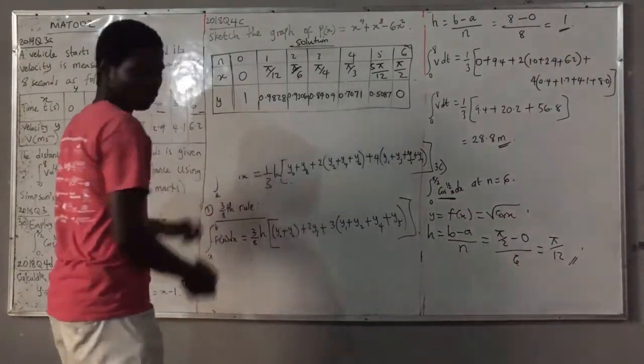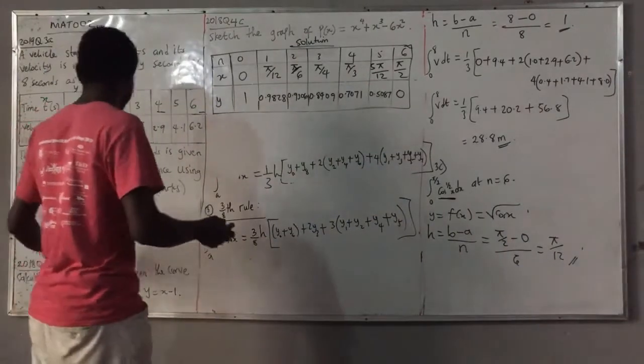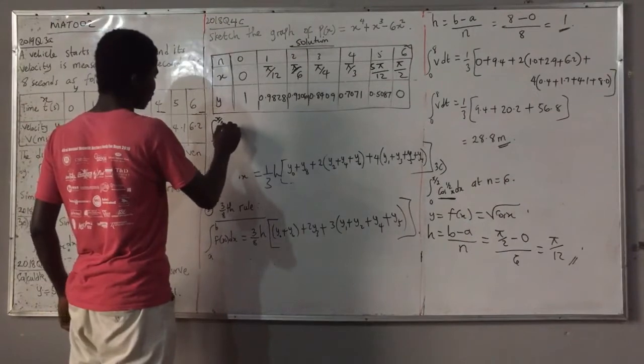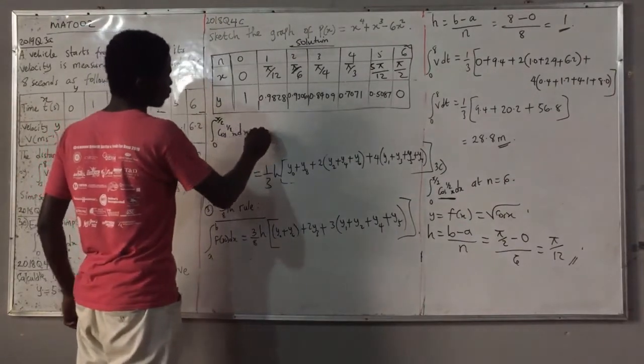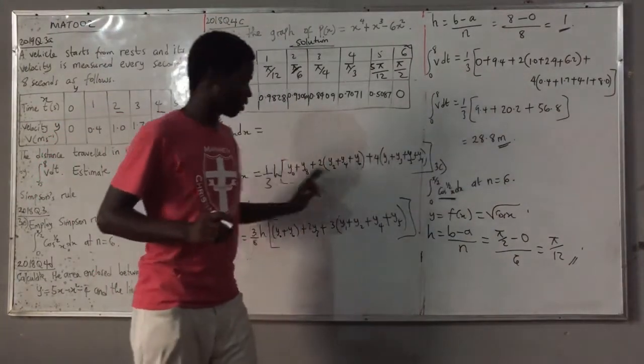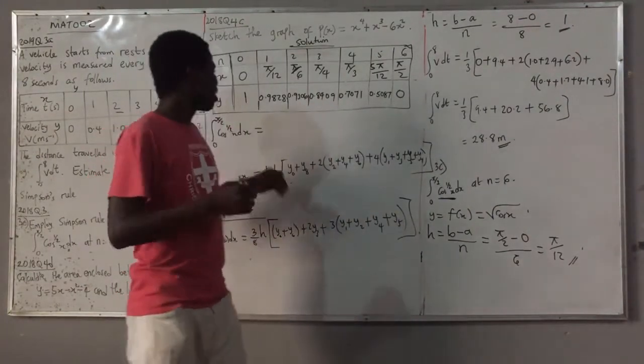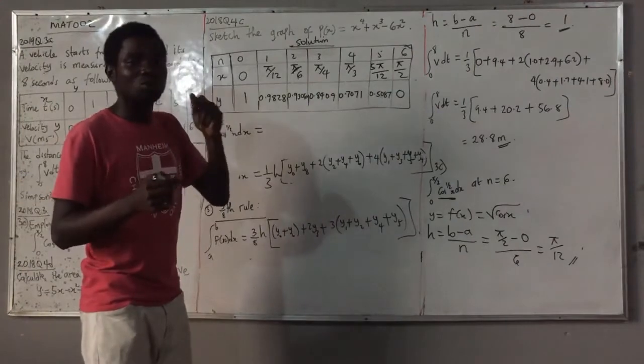Now, what will be my Simpson's 3/8 rule? Integral from 0 to pi over 2 of square root of cos x. Don't look at this formula, say after me: Simpson's 1/3 rule.